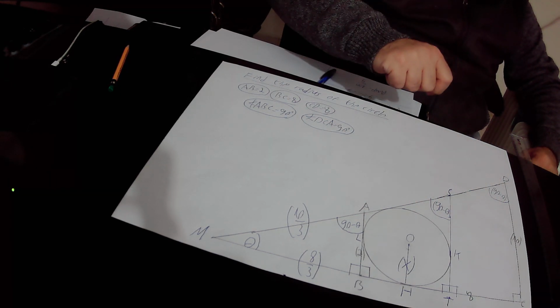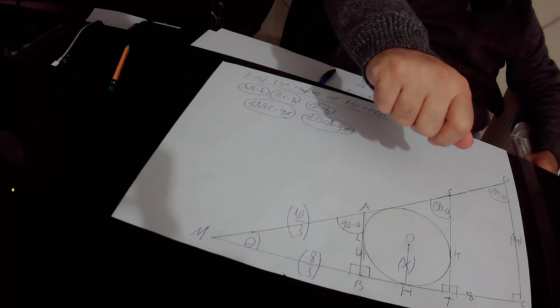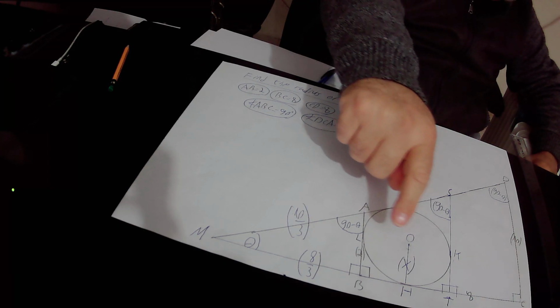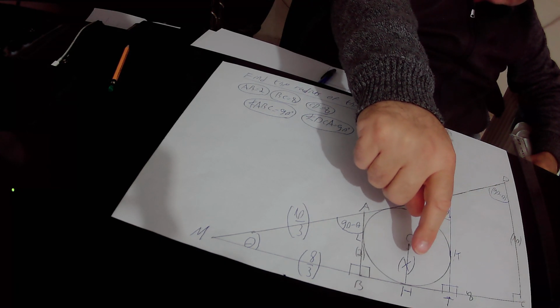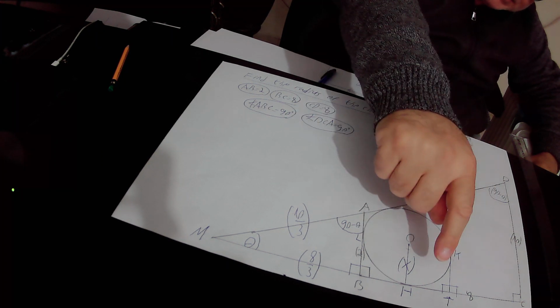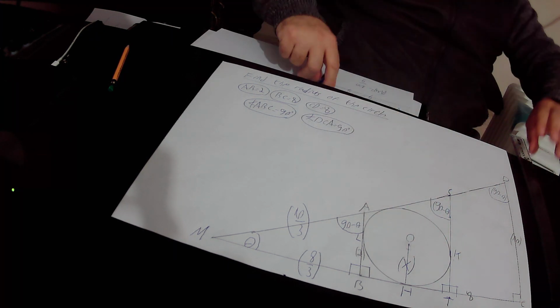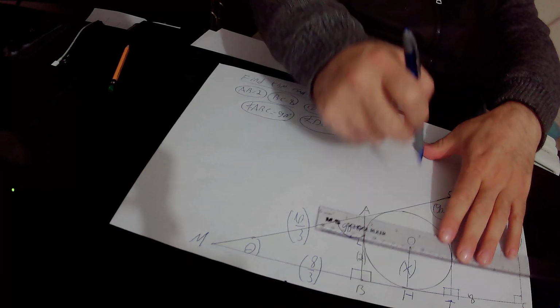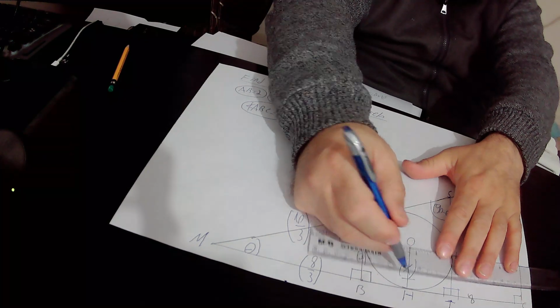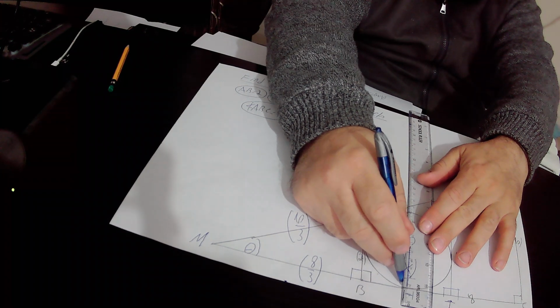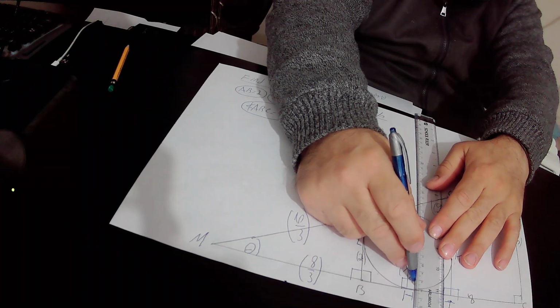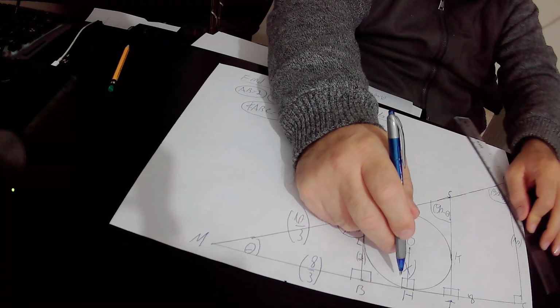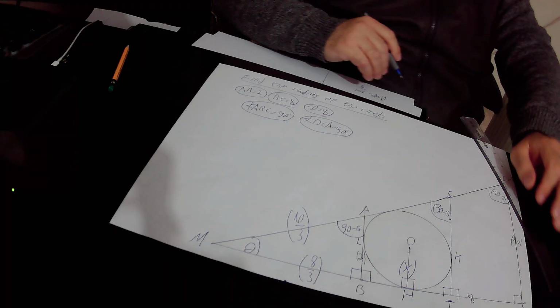And whenever you have a radius that is drawn to the point of tangency, then tangent BT will be perpendicular to the radius HO. If BT is perpendicular to HO, it means that this angle equals 90 degrees, and this angle also equals 90 degrees. Okay, this is according to rule 1.